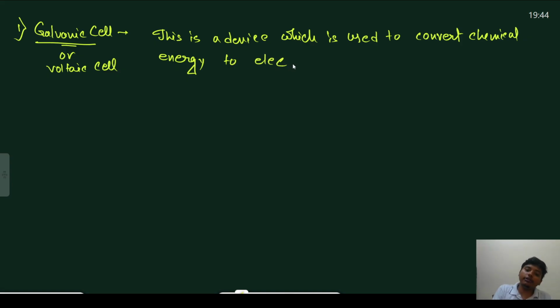By a chemical reaction, we can generate electricity. This is the kind of device.